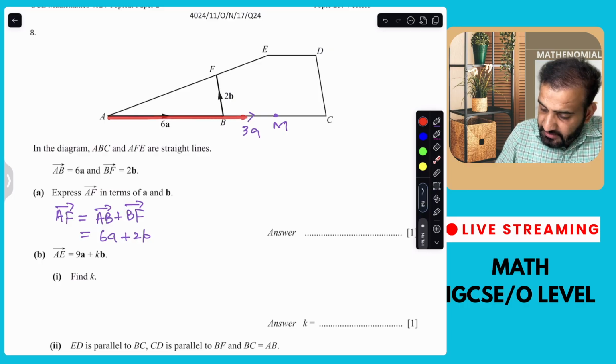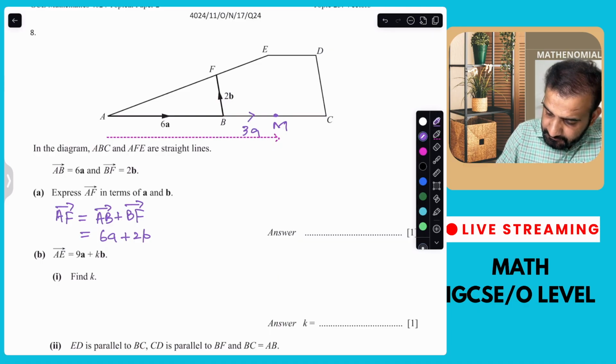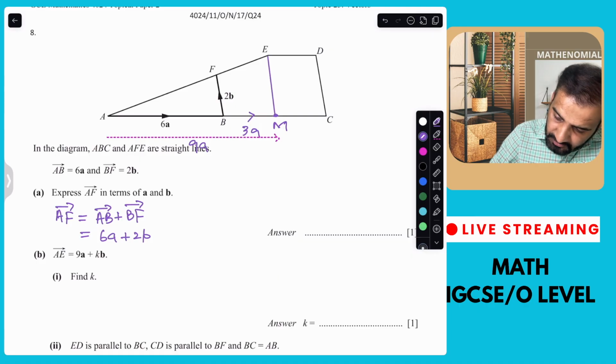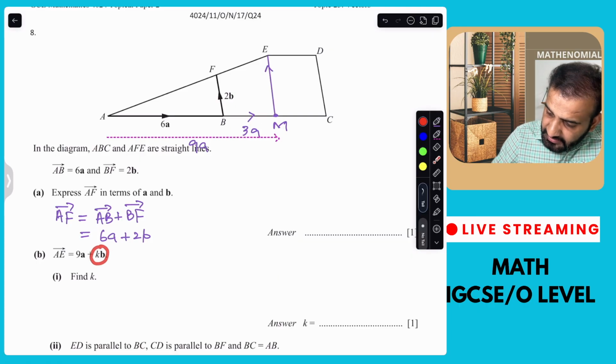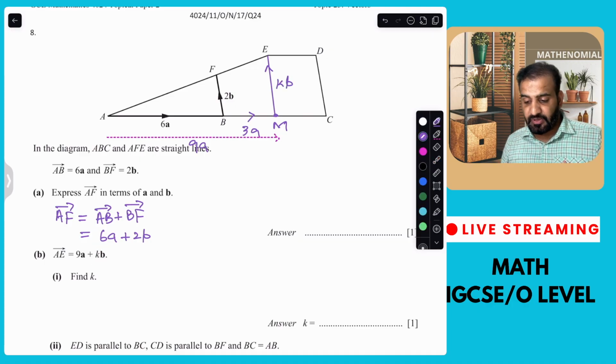So this whole length is 9a. So if you go from M to E, obviously if it is k times, this length is k times b.